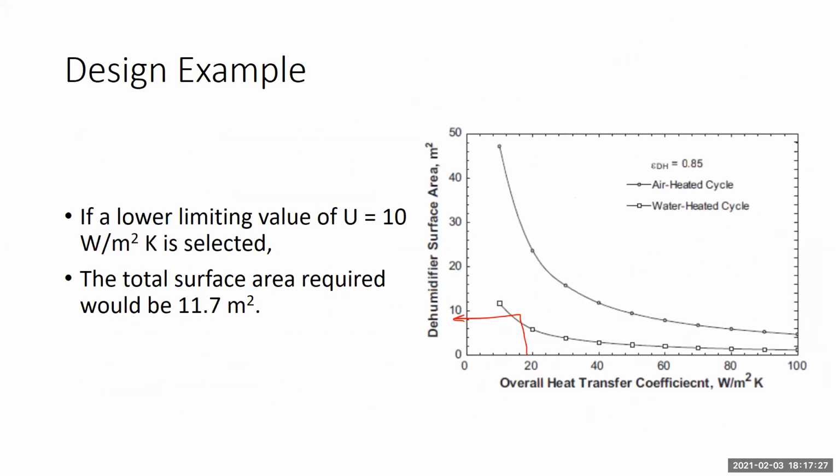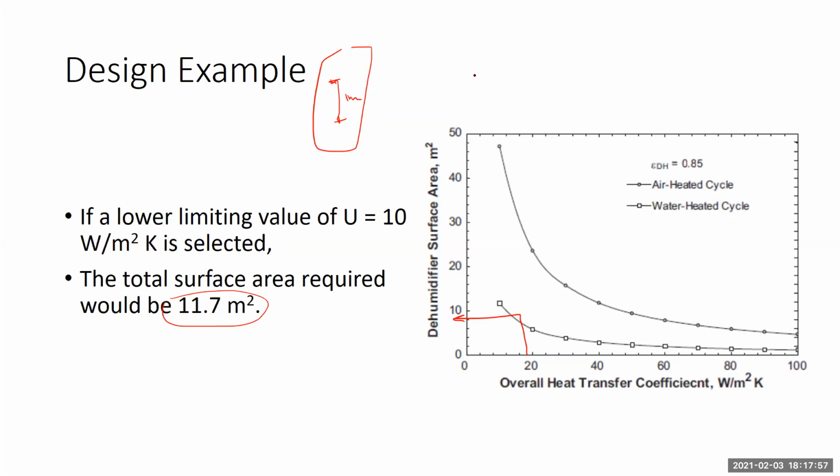Can we get it from here? Yes, 11 meters square. This is not huge. So we're talking about a humidifier where the packing material inside is 1 meter. Maybe 1.25 to 2 meters would be enough for the whole unit, or maximum 2 meters for the whole unit.